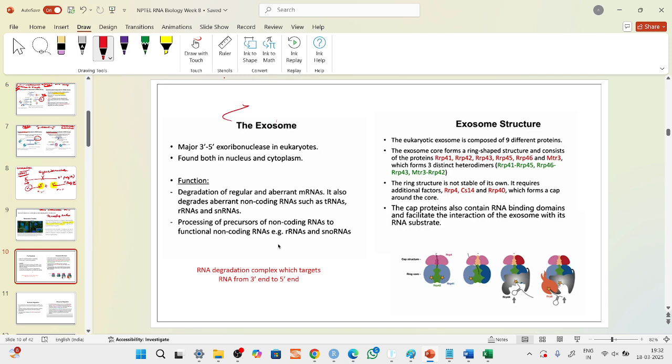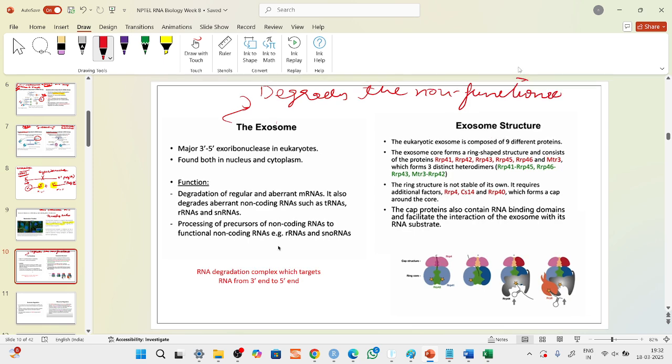So the exosome degrades the non-functional mRNAs. Then there is processing of precursors of non-coding RNA to functional RNA. So it is an RNA degradation complex which targets RNA from 3 prime to 5 prime end.